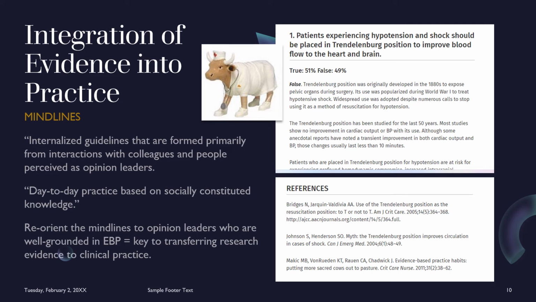And I found it interesting, the section where they were talking about mind lines, this study where they looked at what motivated people, and they called it mind lines instead of sacred cow. They referred to these internalized guidelines that are formed primarily from interactions with colleagues and people perceived as opinion leaders.